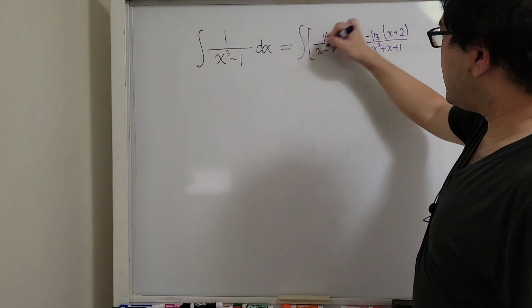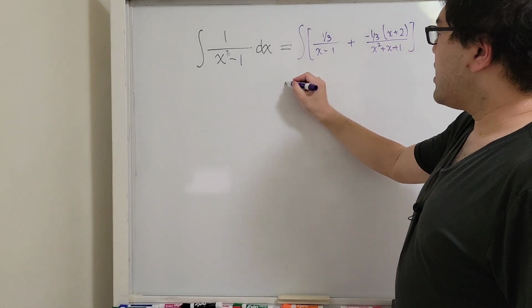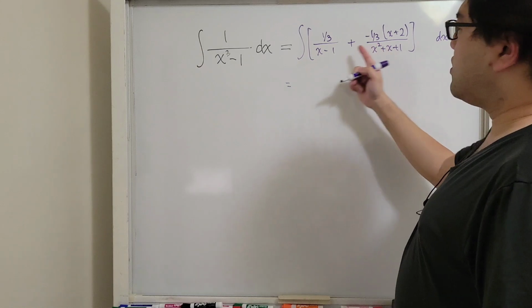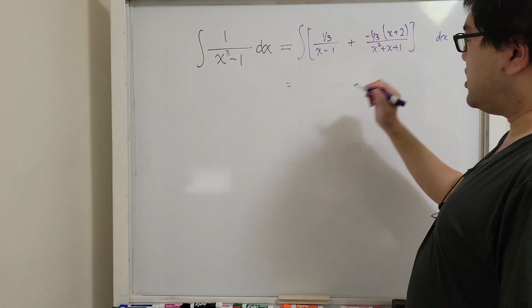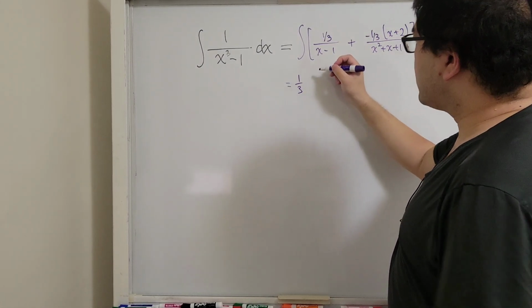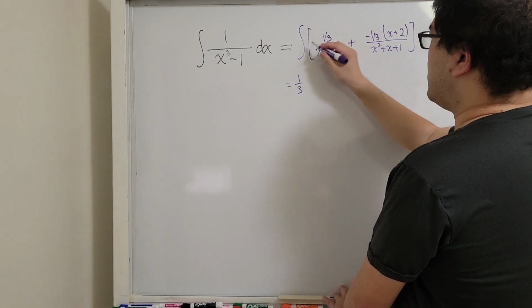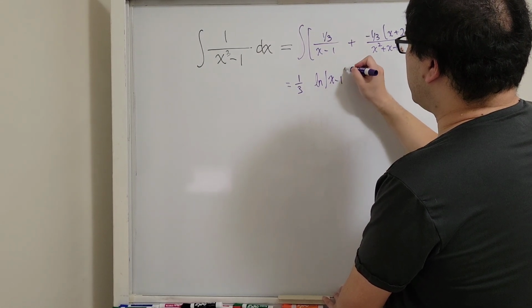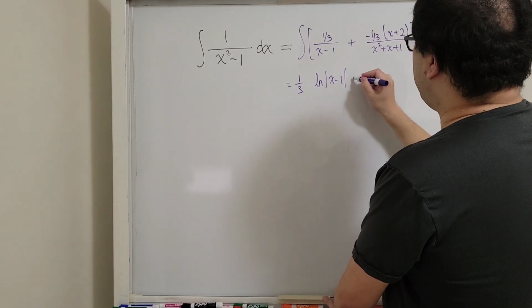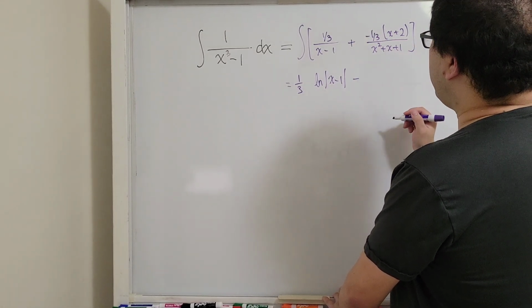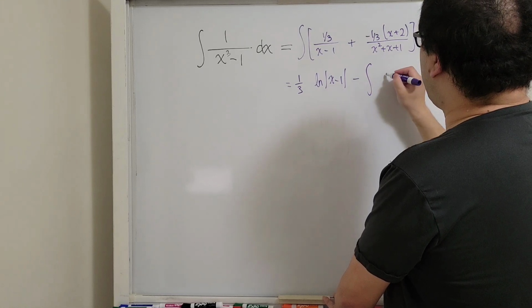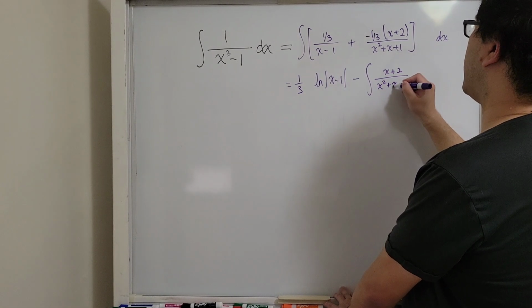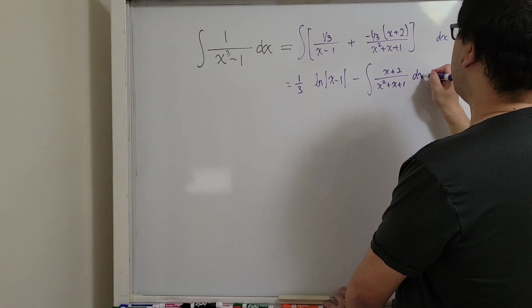So now we have two fractions, and we can rewrite it as an integral of each part. We can also factor the 1/3 coefficient out to get 1/3 times the integral of the first part, which is again ln of the denominator x minus 1. Then we factor out the negative and have the integral of x plus 2 over x squared plus x plus 1 dx.